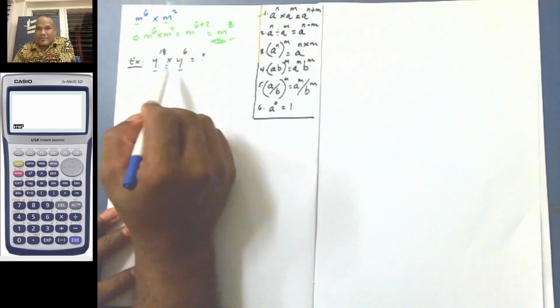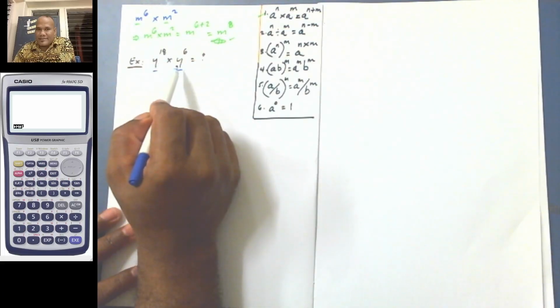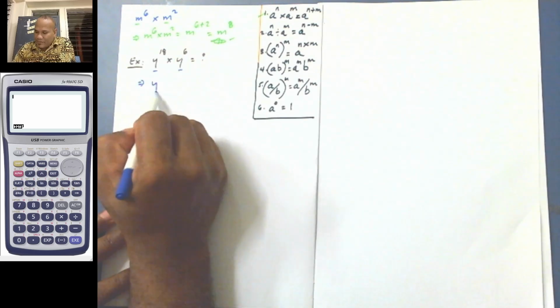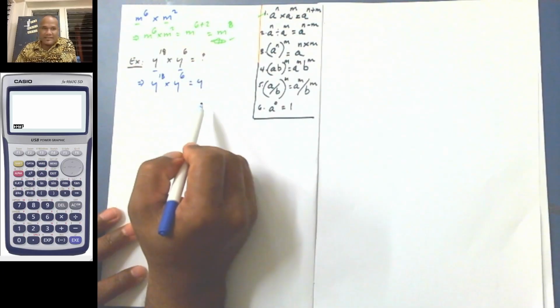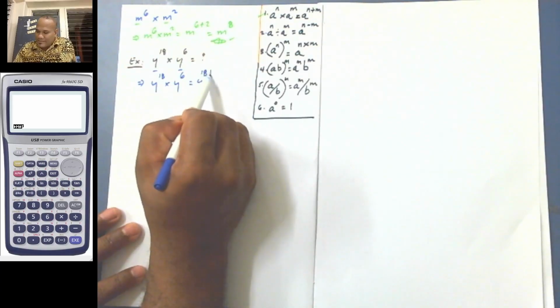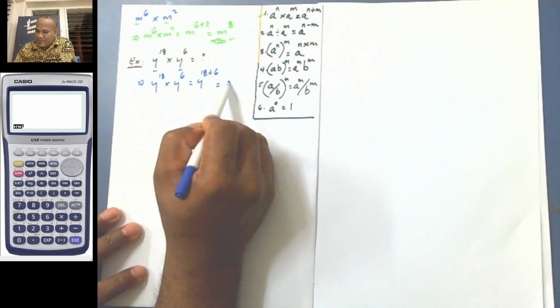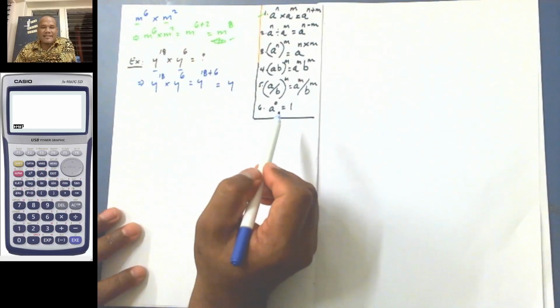Since they have the same base, what happens to the powers? According to the law, if you're multiplying with the same base, we add the powers. If we multiply with the same base, the powers get to be added. So this is 18 plus 6, equal to y to the power of... what is 18 plus 6?